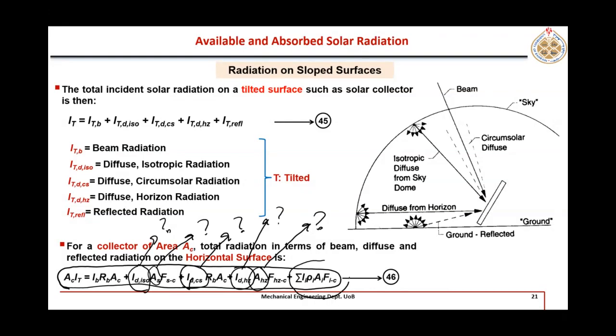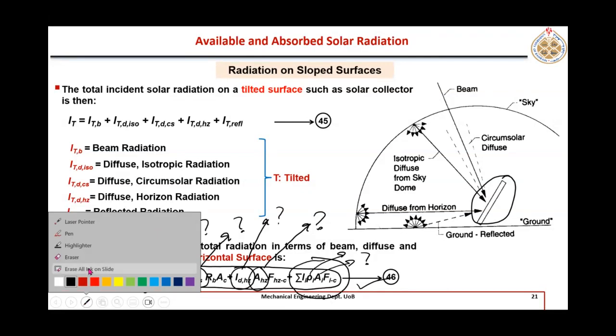Then this is also very challenging, how to find out these individual reflectances, how many surfaces are there, and their areas. So theoretically, this equation is okay, it is explaining what is reaching that surface, but practically it is very difficult to calculate all these. So that's why we need to simplify this complicated equation 46. Okay, so that's what we will do next.